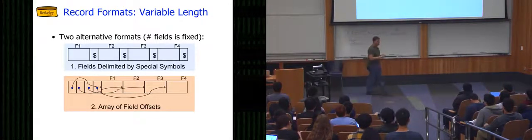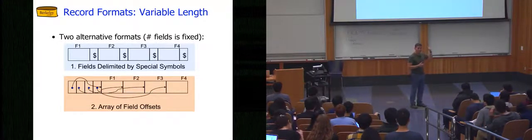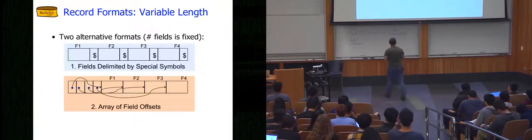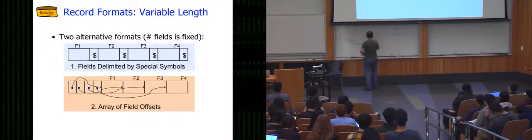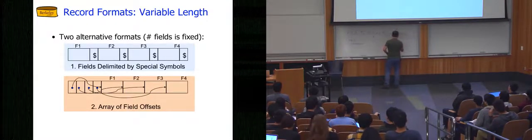Or if you're storing fixed length tuples, but you're going to admit null values, you might also choose this representation, because then the null values collapse down to very small amounts of data. Okay? So that's one reasonable thing here, the field offset approach.